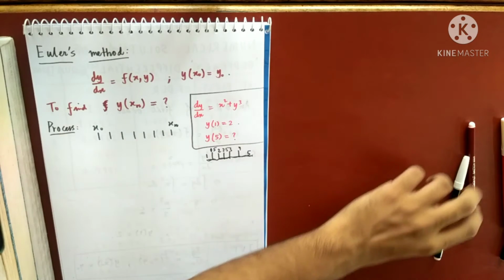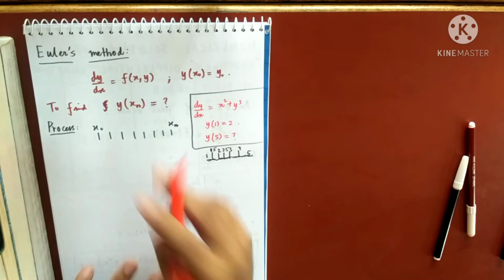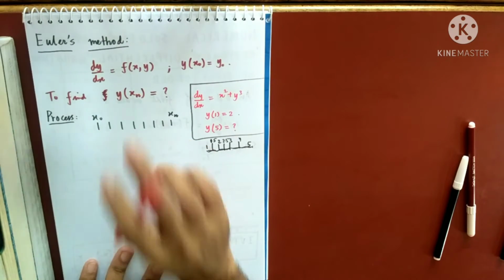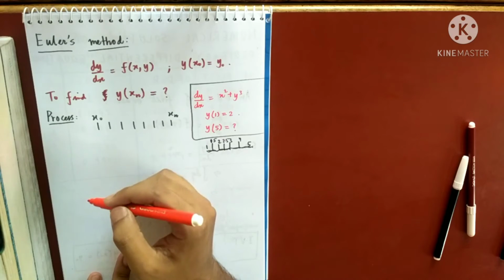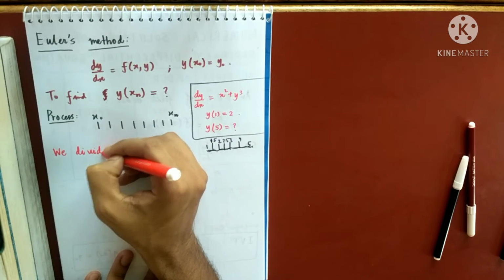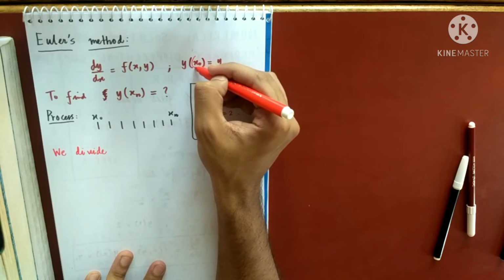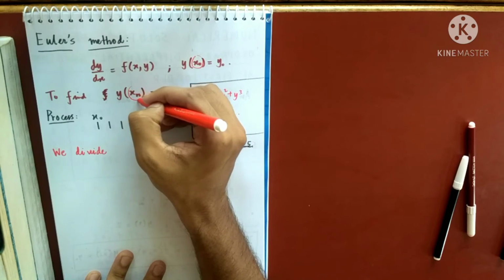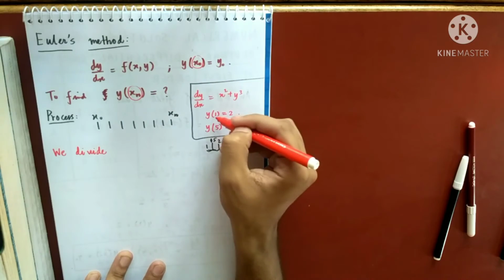So let me write all these things. I have to find this, don't forget this. We divide. This is known to us. I have to find the value at this point. This is also known to us. So 1 and 5 are known.